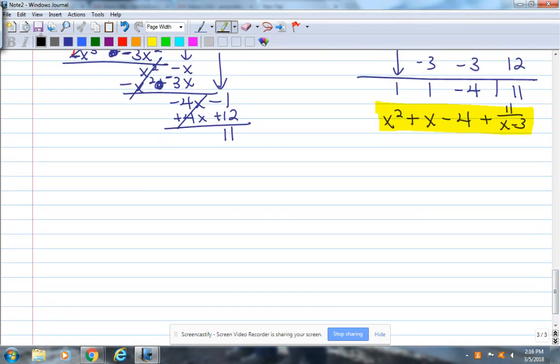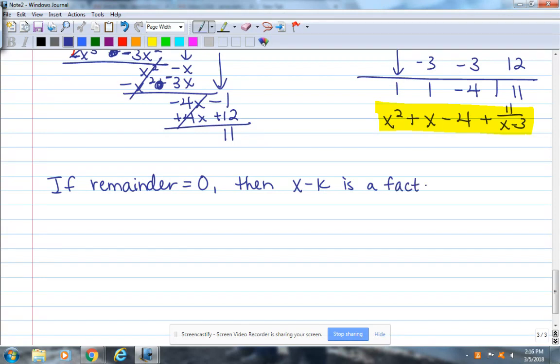This is important. I'm going to highlight it. If your remainder equals 0, then x minus k, which is your little binomial, is a factor.